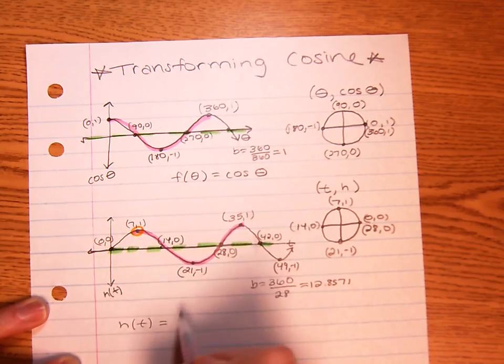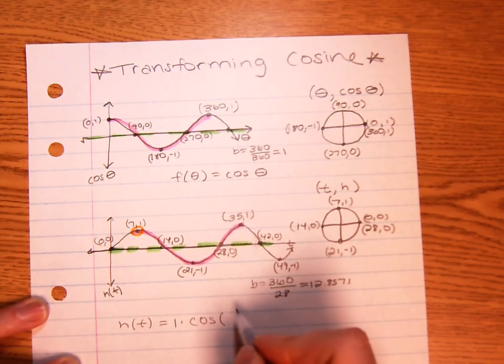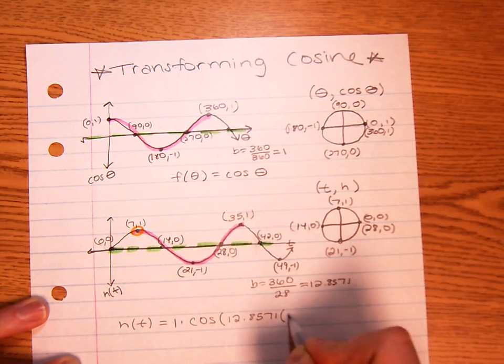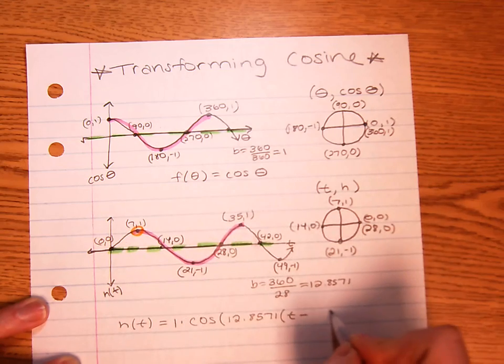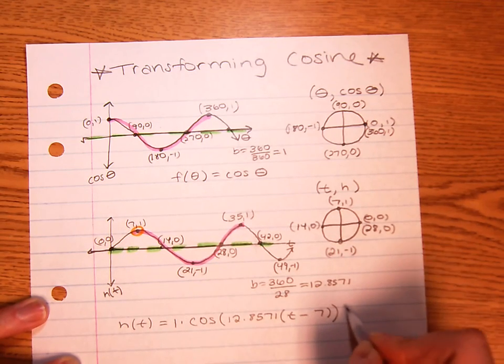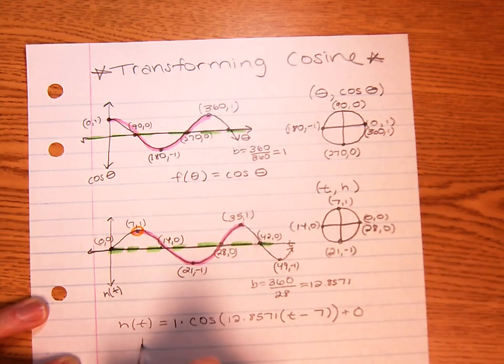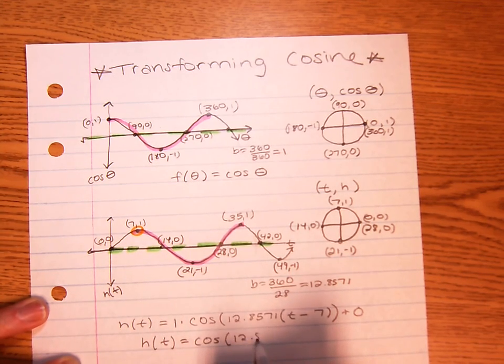Remember the a value in this case was 1, times cosine of my b value I just calculated, 12.8571, times t minus my phase shift, since I'm 7 to the right in this case, and then plus 0. So really this just simplifies to h of t equals cosine of 12.8571 t minus 7.